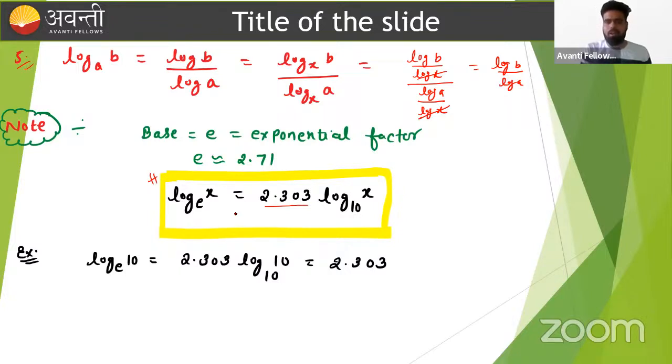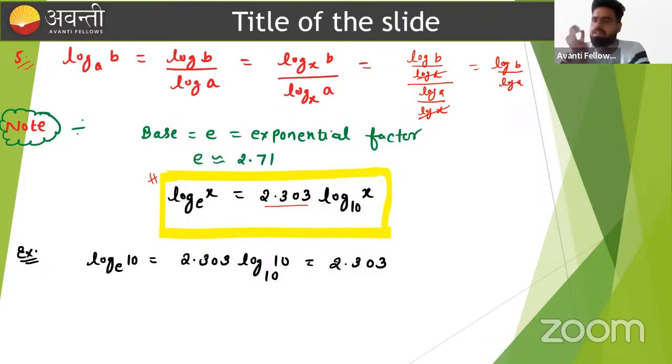Any log that is given in base e, such a logarithmic function is known as the natural log. Again I am repeating, whenever log is given on base e, this is known as natural log, and that was given by Napier.